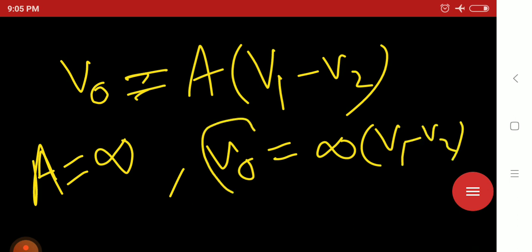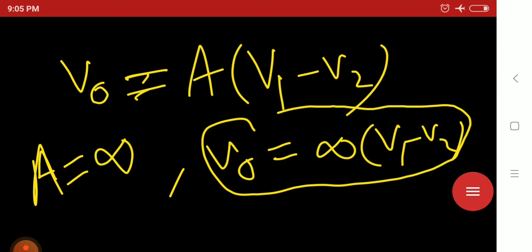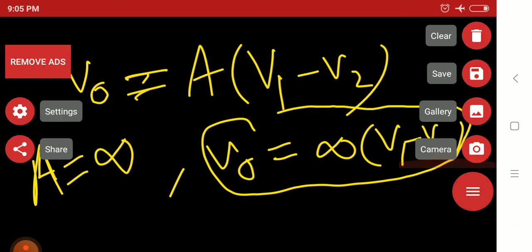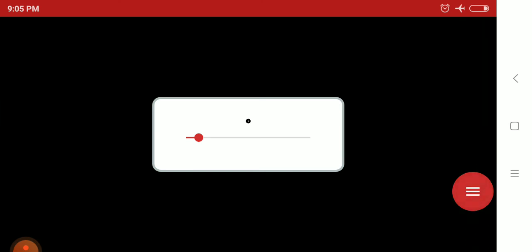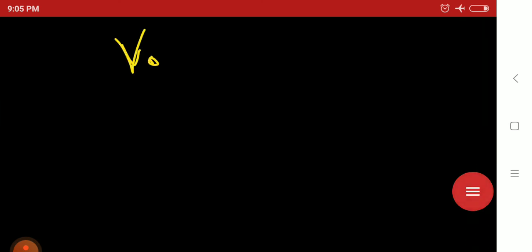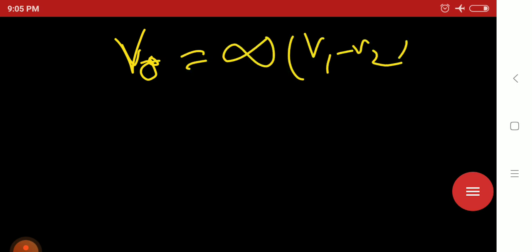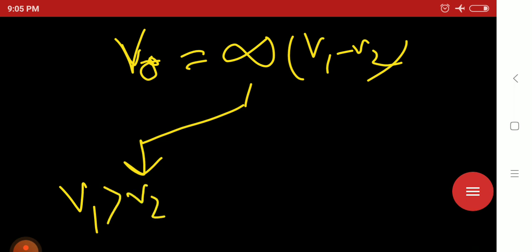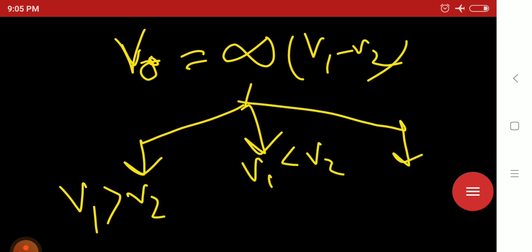Now from this, three cases can come. What are these three cases? For infinite gain, V0 equals infinity into V1 minus V2. The cases are V1 greater than V2, V1 less than V2, and V1 equals V2.